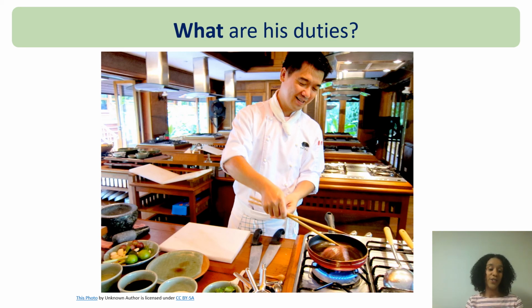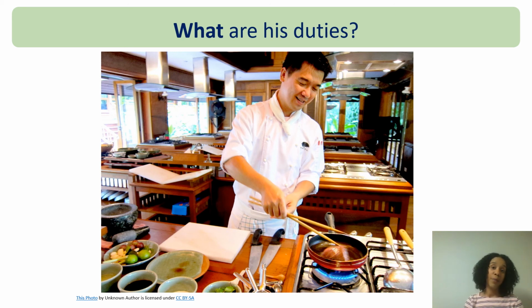Then they have to chop the vegetables. They have to mix the food. They stir, mix, stir. They cook the food, right? They might put the food in the oven, or he is cooking on a stove. So a chef has many duties, okay?